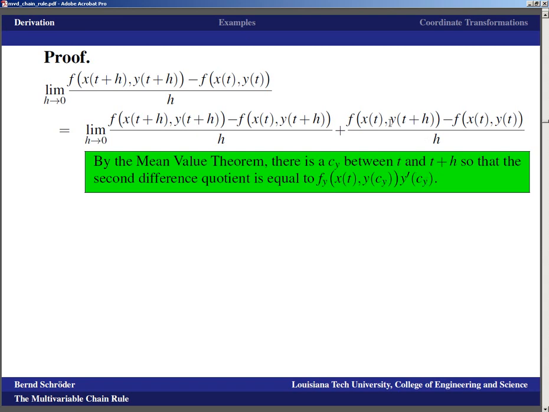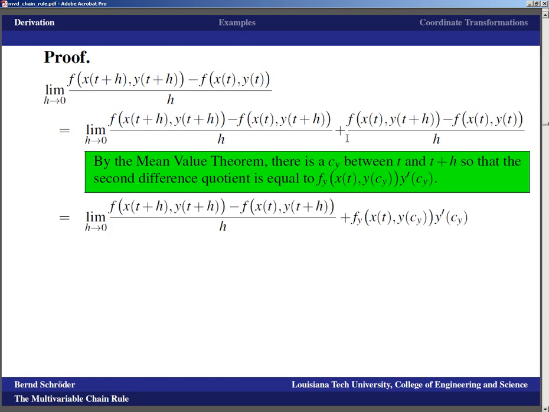Because, like I said, if we hold t constant also, and just h is our variable, so our function is f of x of t, y of t plus something, then this is a difference quotient for that function, and that is now simply a chain rule of y of this plus h plugged into the other function.